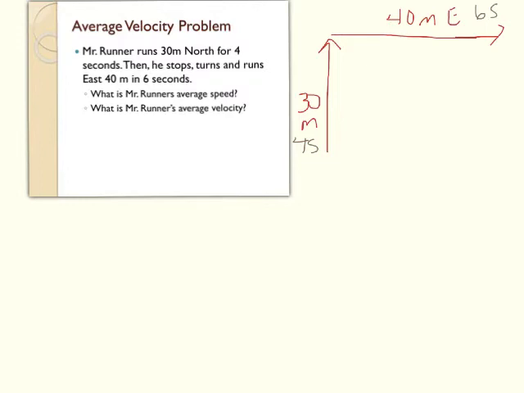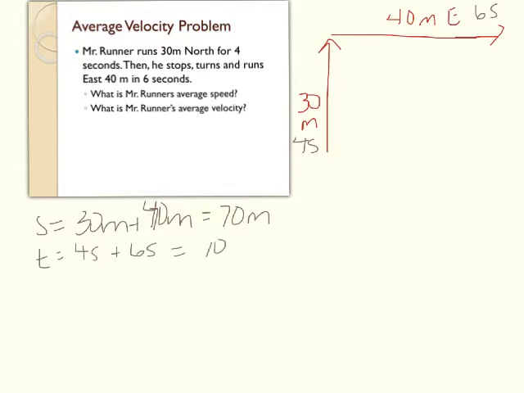We did this last week. The average speed is easy. All you have to do is find your total distance. So, S is our total distance, which is going to be the 30 meters plus the 40 meters, which is equal to 70 meters. And then we have our total time, which is the 4 seconds plus the 6 seconds, which is 10 seconds.